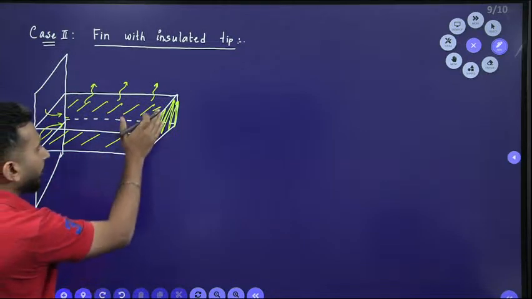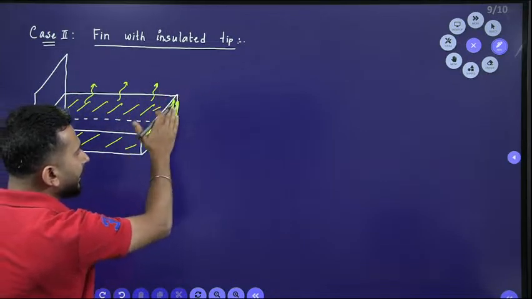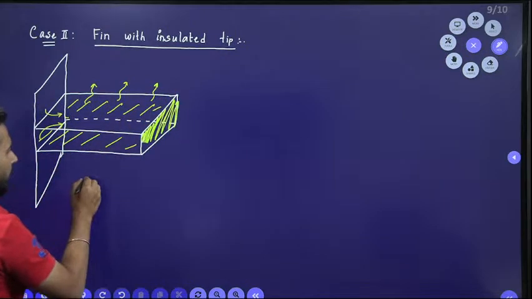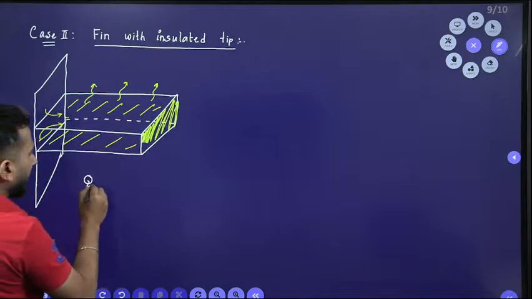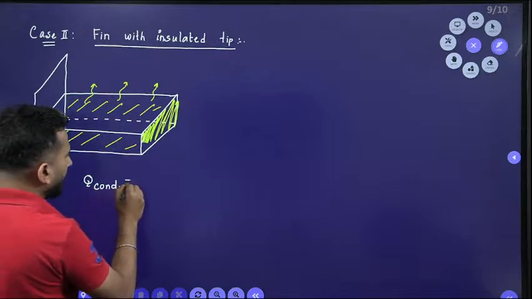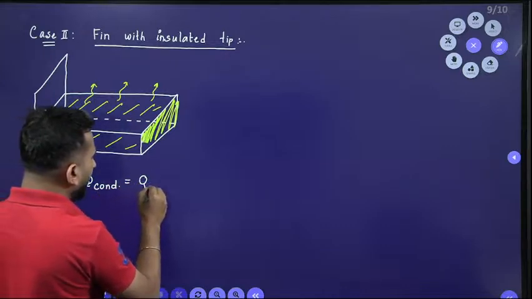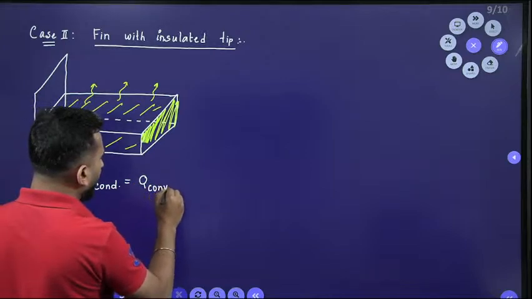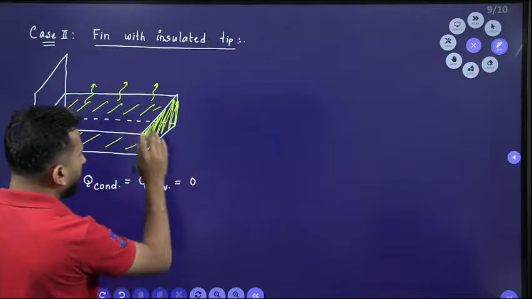So what exactly am I saying? I am saying that the heat convected from here is 0. So I can also say heat conducted is equal to heat convected, which is equal to 0 at this face.